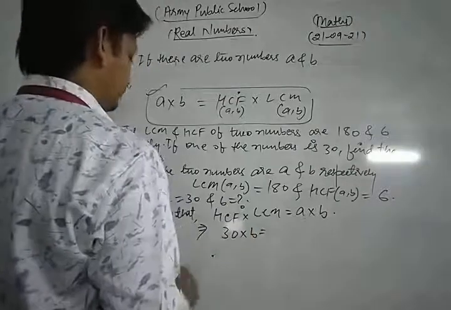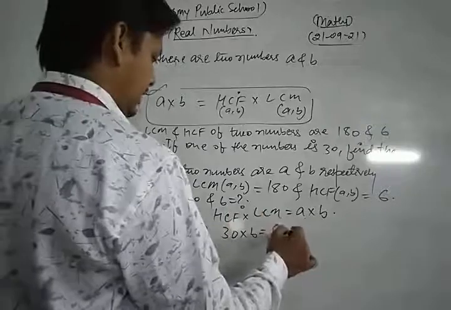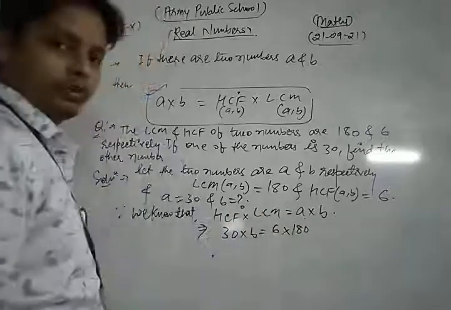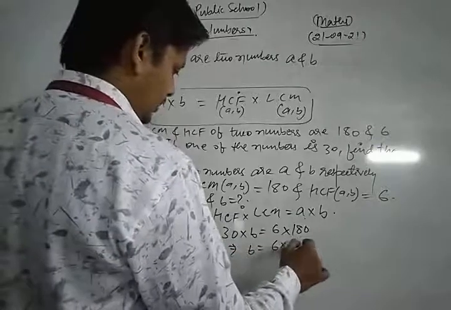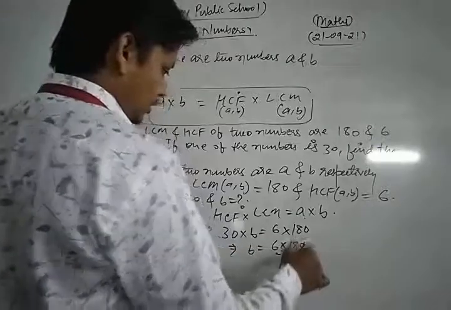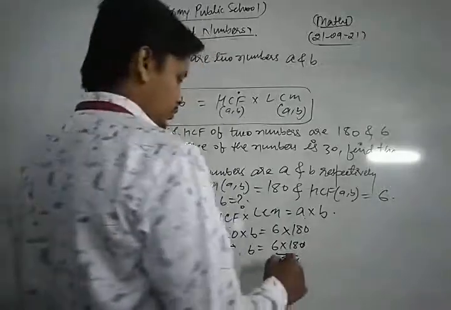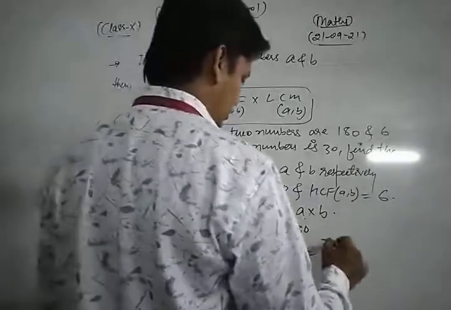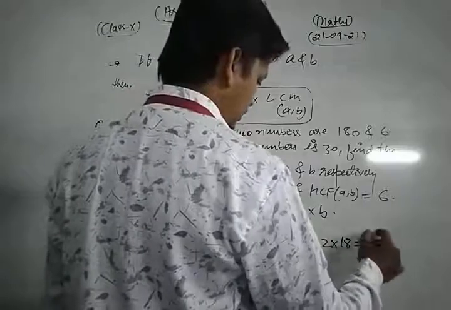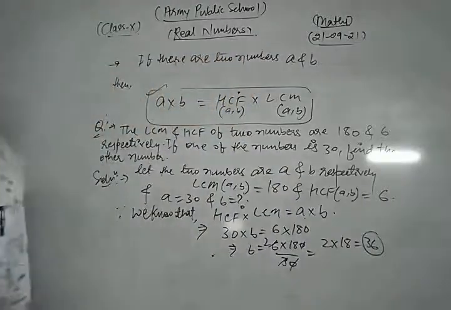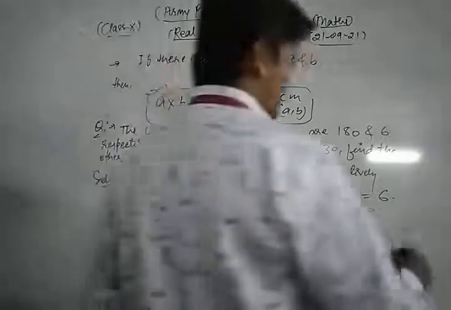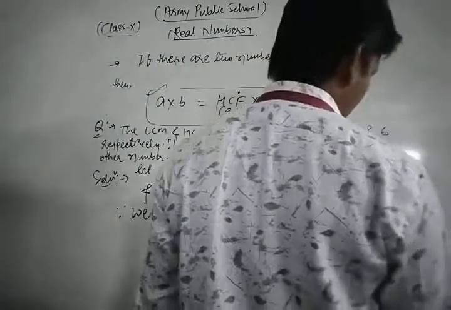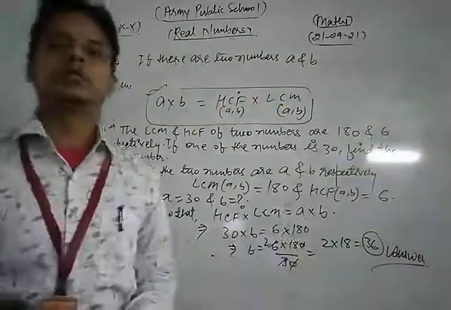HCF is 6 and LCM is 180. Now from there we find the value of B, which is 6 into 180 upon 30. The zeros cancel each other. So 3 into 6 means 2 into 18. This is 36. This is the required solution of the given question.